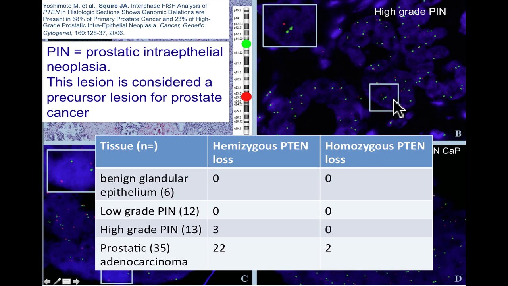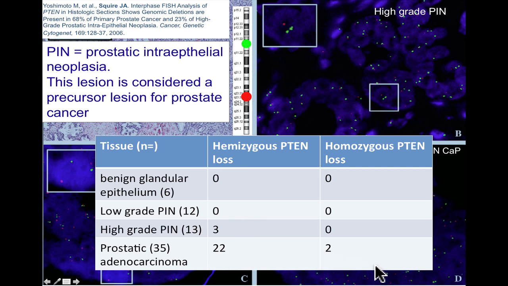When we looked at our whole series, we didn't see any losses of PTEN in benign glandular epithelium, or in a related precursor called low-grade PIN that isn't much studied now. But in high-grade PIN, 3 of the 13 PIN lesions we looked at had a deletion of PTEN, and in this particular cohort, which was quite an aggressive series, 22 out of 35 had lost one copy of the gene, and 2 out of 35 had lost both copies.